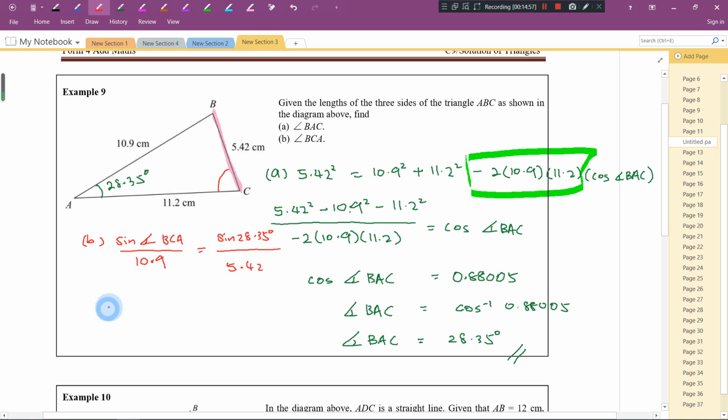Oh, sine BCA, not BA. Sine BCA is equal to sine 28.35 degrees over 5.42 times 10.9. Okay, let me press my calculator first. Sine 28.35 over 5.42 times 10.9.